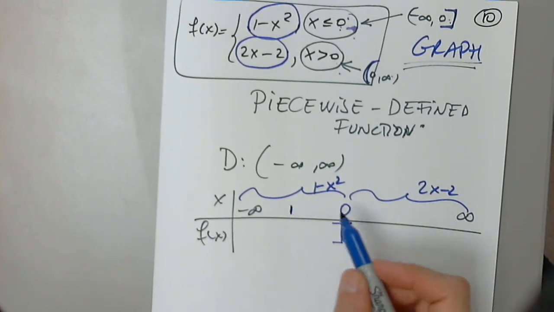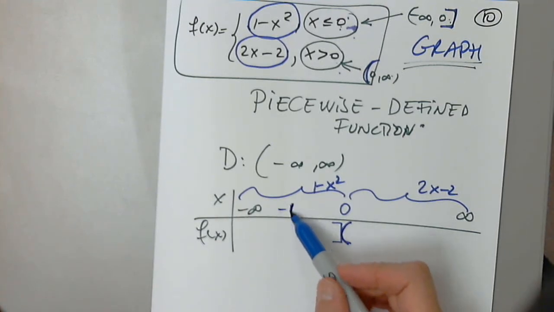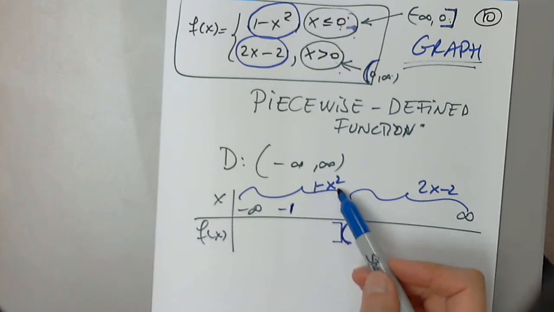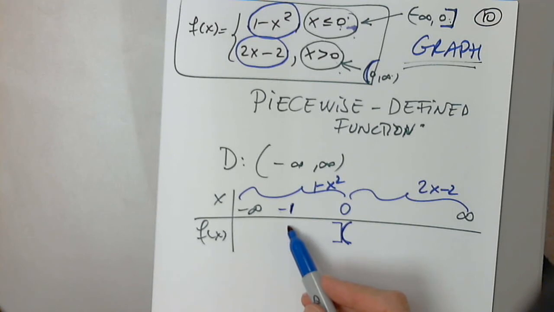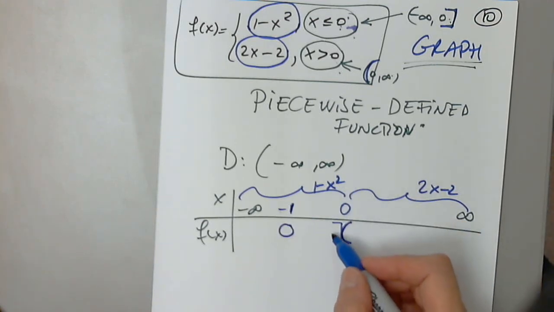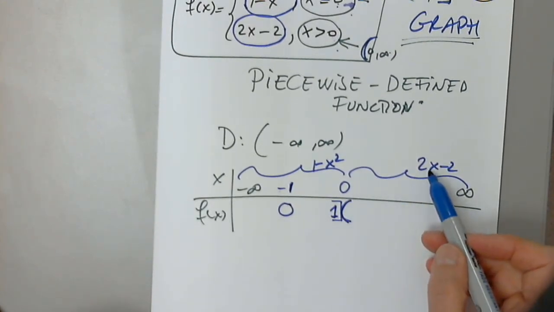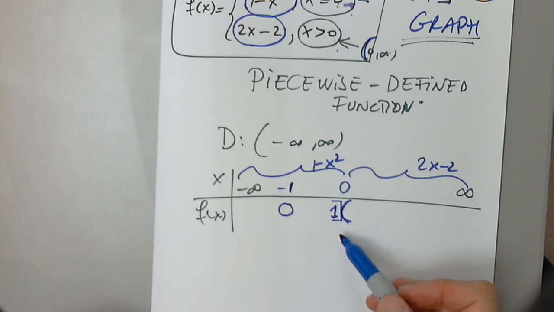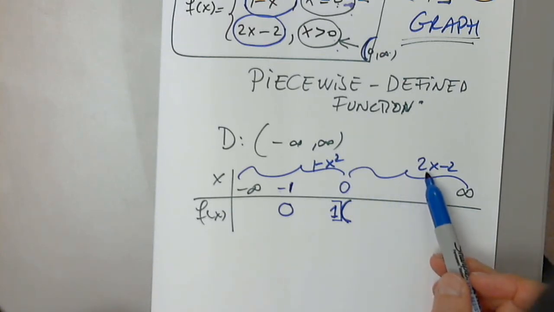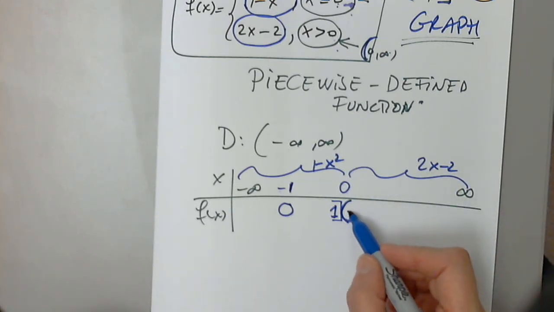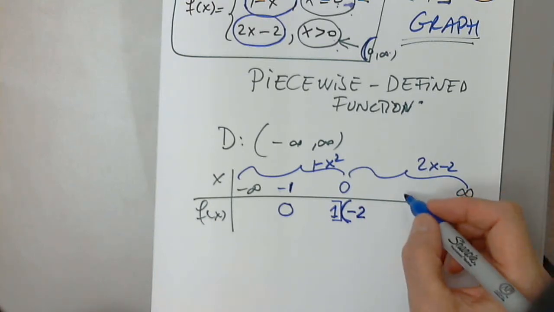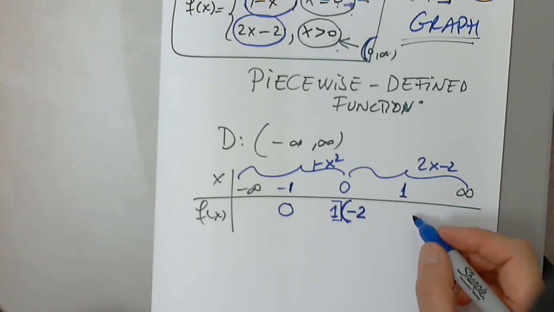So let's say 1, negative 1. When I plug in negative 1, of course, to the left of 0, what do I get? 0. Perfect. When I plug in 0, I get 1. Perfect. When I plug in 0, you should say, no, you can't. Please bear with me. When I plug in 0, what do I get? And when I plug in 1, what do I get?